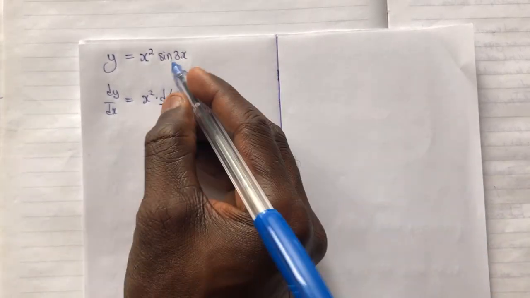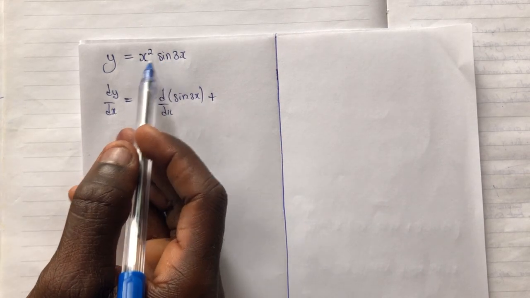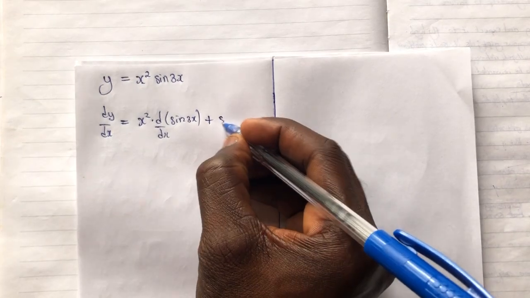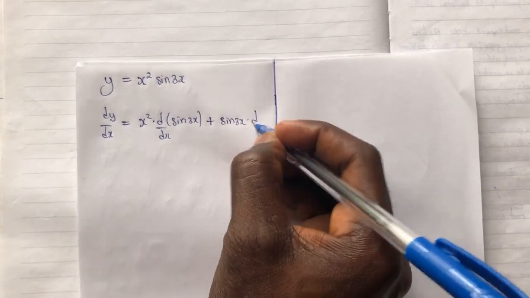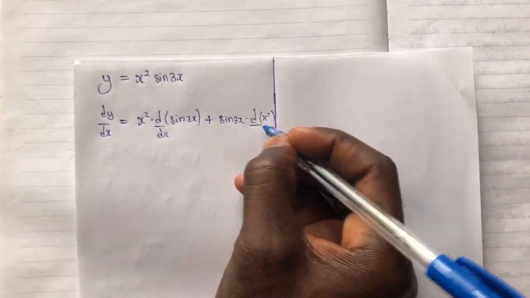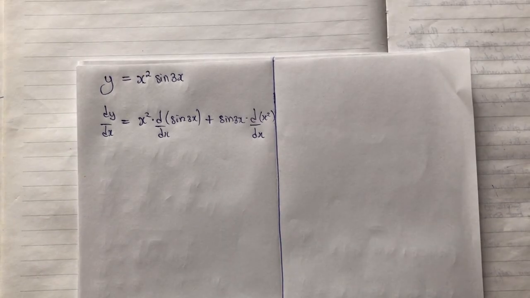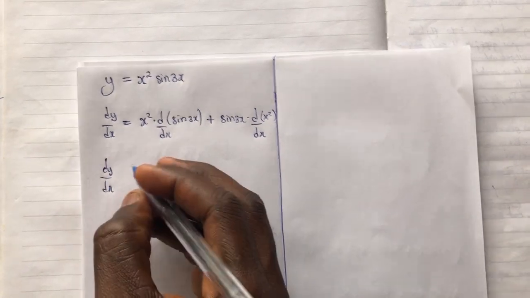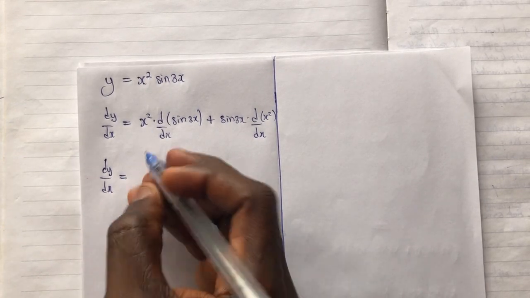You add it to sine 3x, you take sine 3x, you multiply by the derivative of the first one. So sine 3x multiplied by the derivative of x squared with respect to x. So that is it.